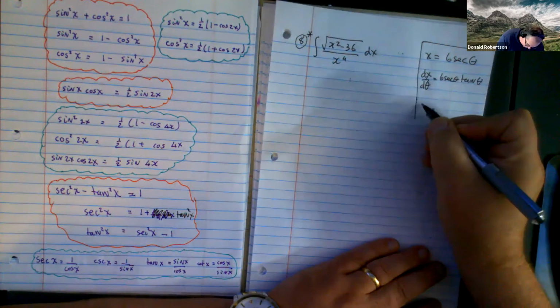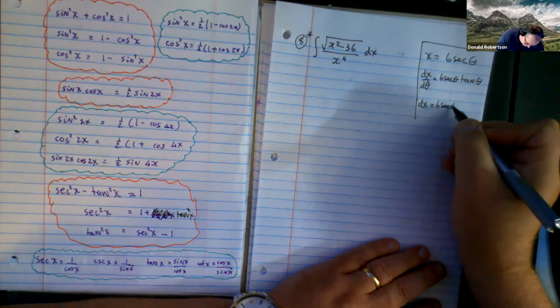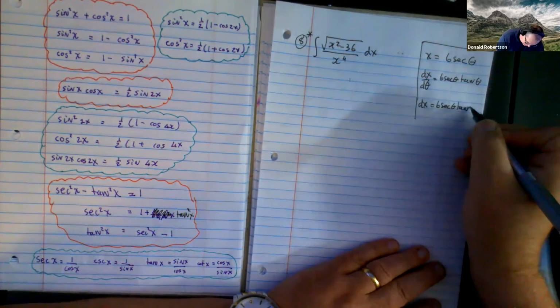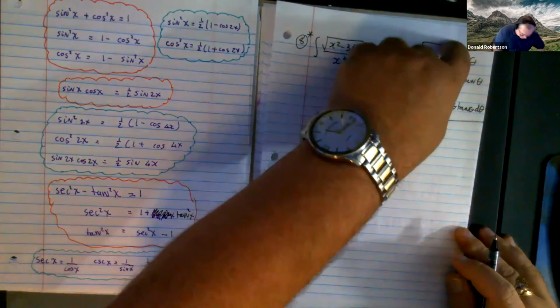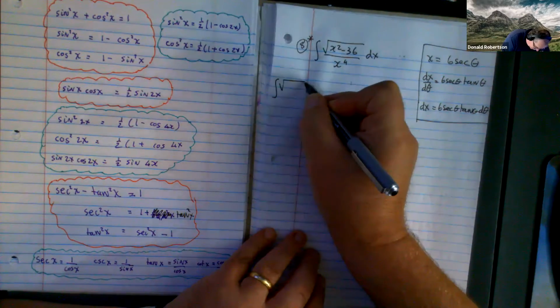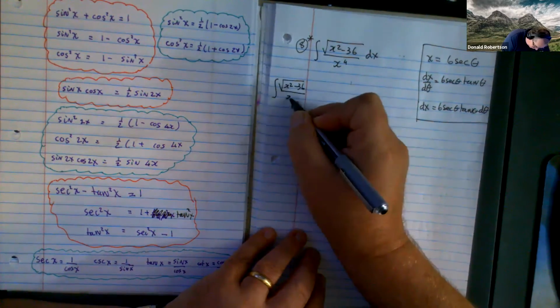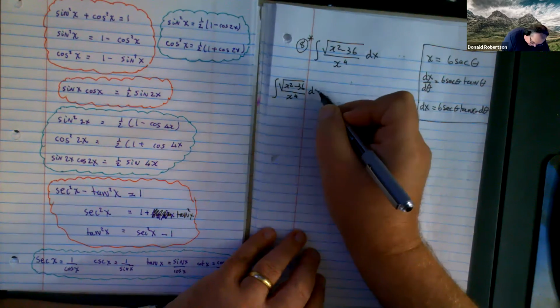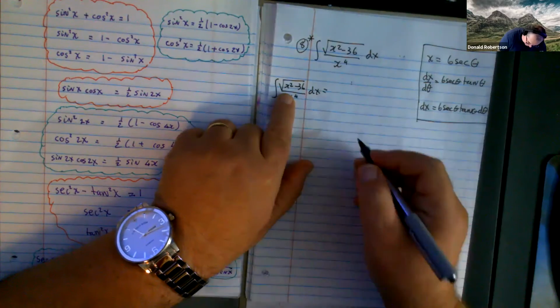You do the crossover, then you get 6 secant tan d theta. That's the substitution part done. You go over here and you replace all the x's with 6 secant thetas and the dx with this.